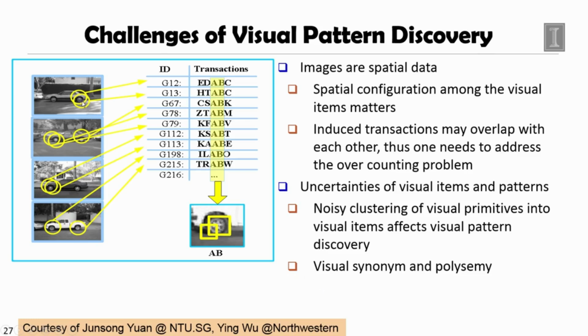Essentially, sometimes the same feature may represent different objects, or one object can be represented by different kinds of feature sets. So we need to revise our frequent pattern discovery algorithm to handle the overcounting problem, the uncertainty problem, and the synonym and polysemy problems.